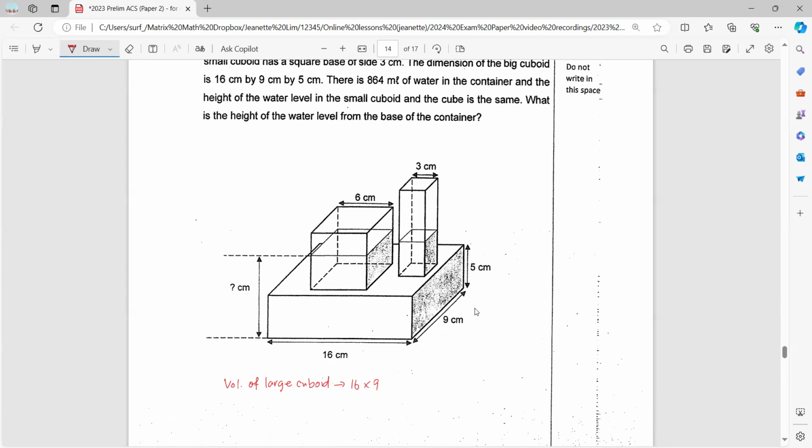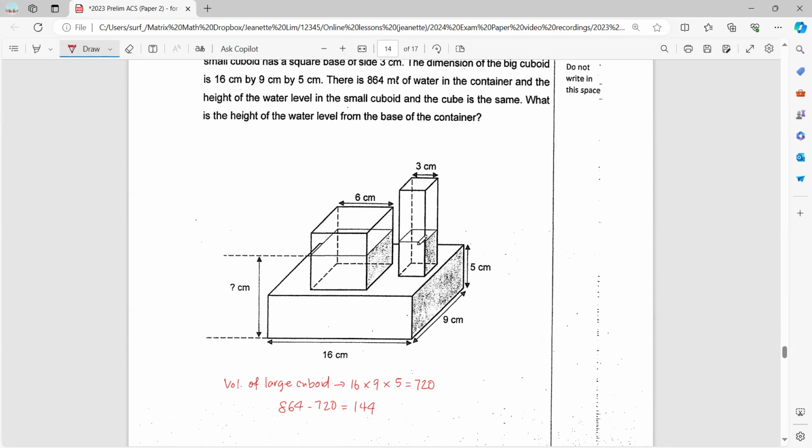Length times breadth times height, 720. So 720 ml. The total volume is 864. So let's find what is the leftover amount that is filling up the top parts. Okay, so 144 is the volume of water inside this cube and cuboid.